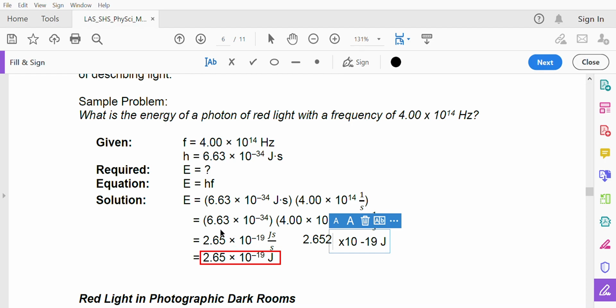Because of the significant figures. 6.63 has 3 significant figures, 4.00 also has 3 significant figures, so the least would be 3, and your answer will also follow the three least significant figures. Okay, I hope that more or less you were able to understand the problem more.